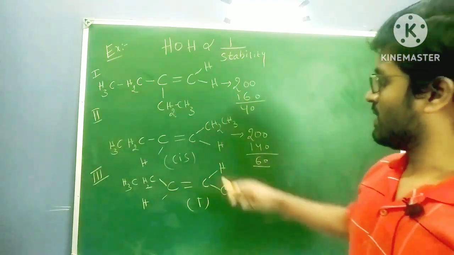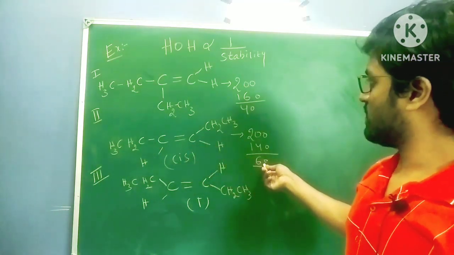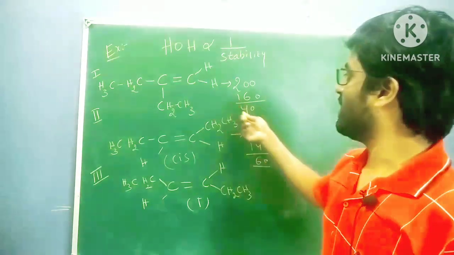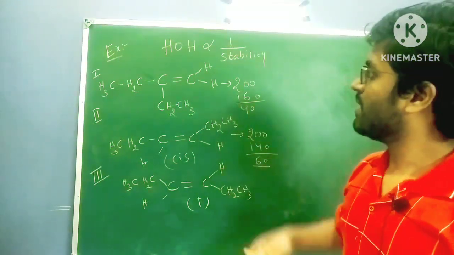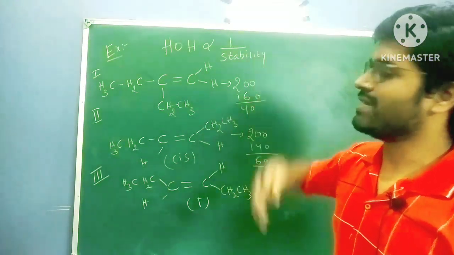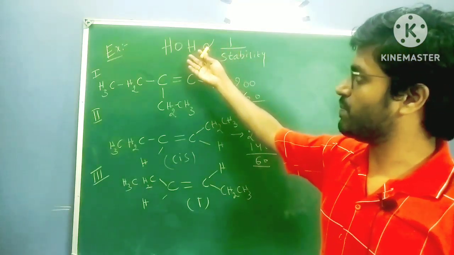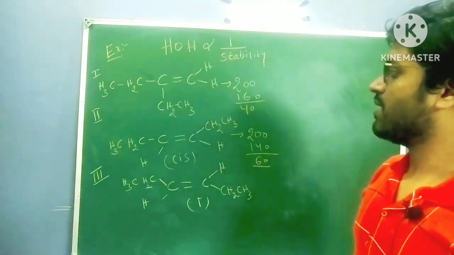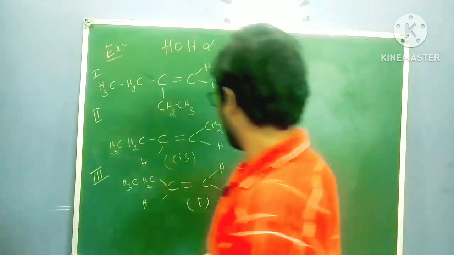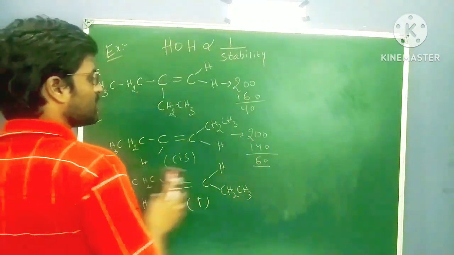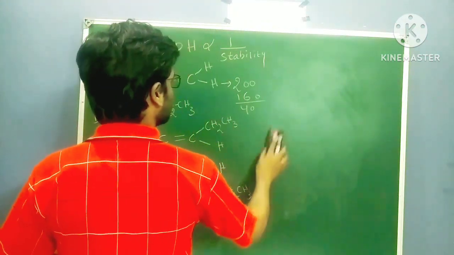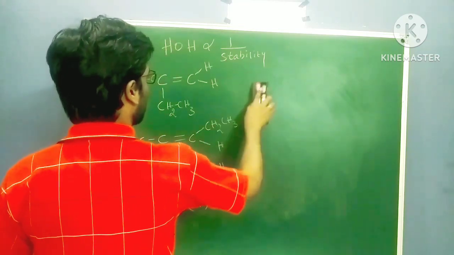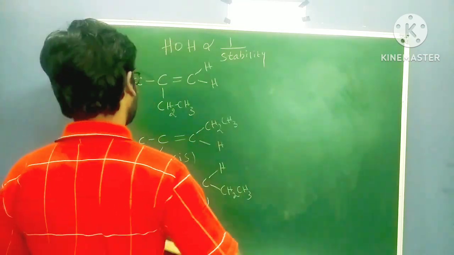That means the less stable one releases more energy, and the more stable one releases less energy. So whenever the stability of an alkene is high, the heat of hydrogenation of that alkene is low. Clear? Now tell me which alkene is more stable and which is less stable.